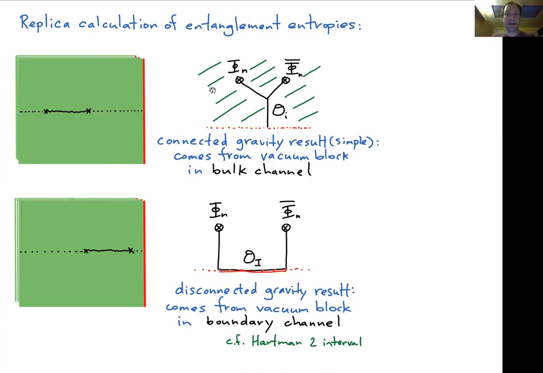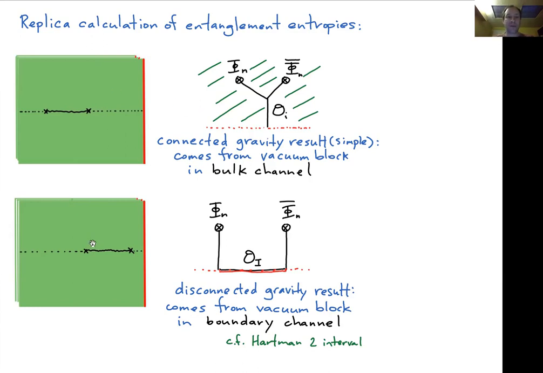Okay, so there's this partition function we need to calculate the entanglement entropy. That translates into this 2-point function of these particular operators in the n copy version of our boundary CFT.